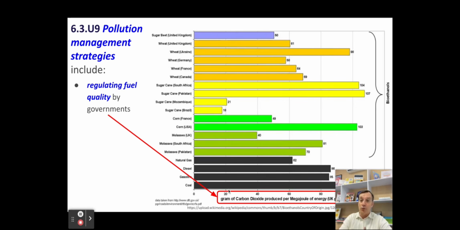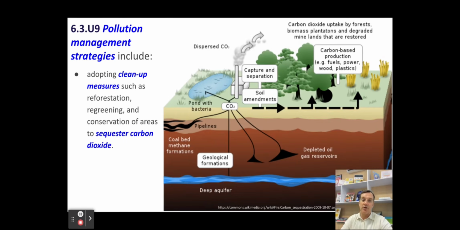Right? We can regulate the fuel quality, right? So we're looking at the carbon content of different fuel sources, and use those to generate more or less electricity or to fuel vehicles if we have specialized vehicles that run on something like ethanol, right?